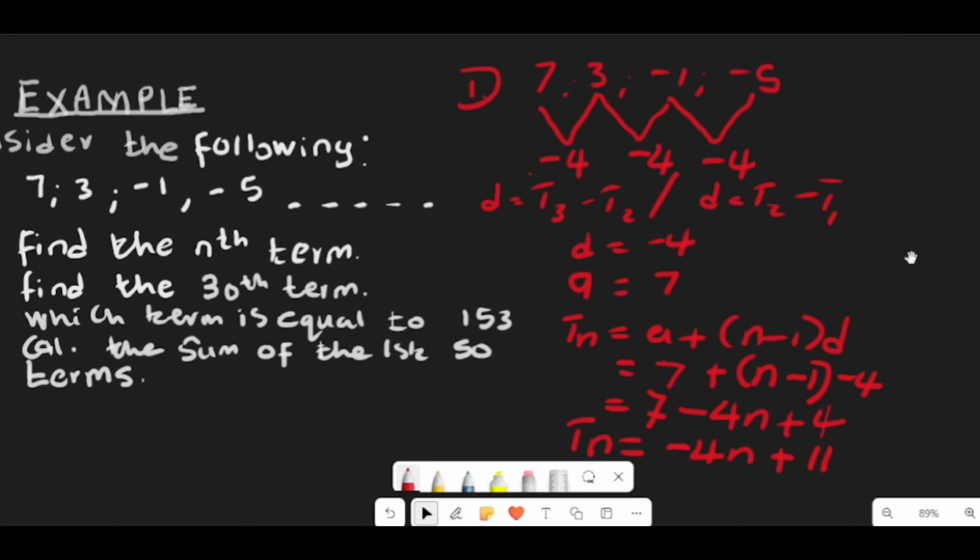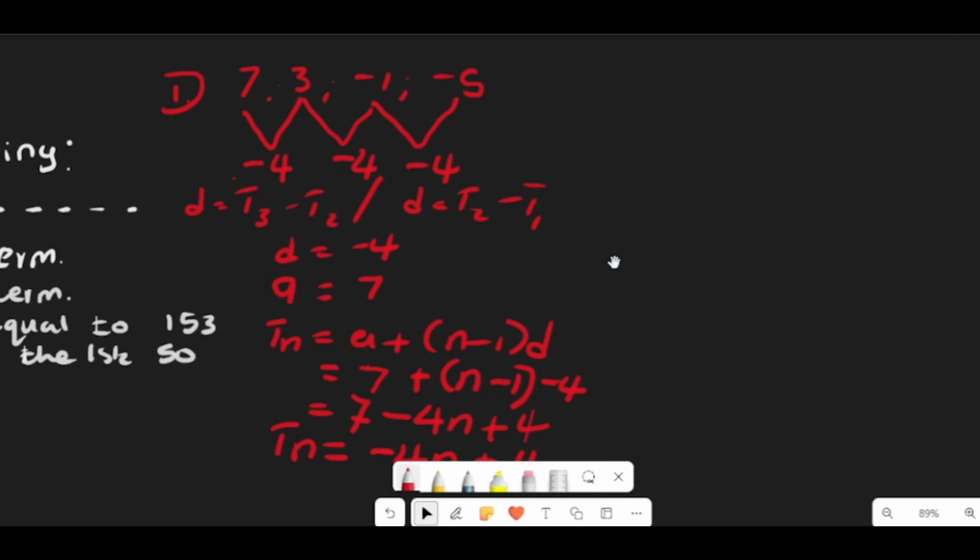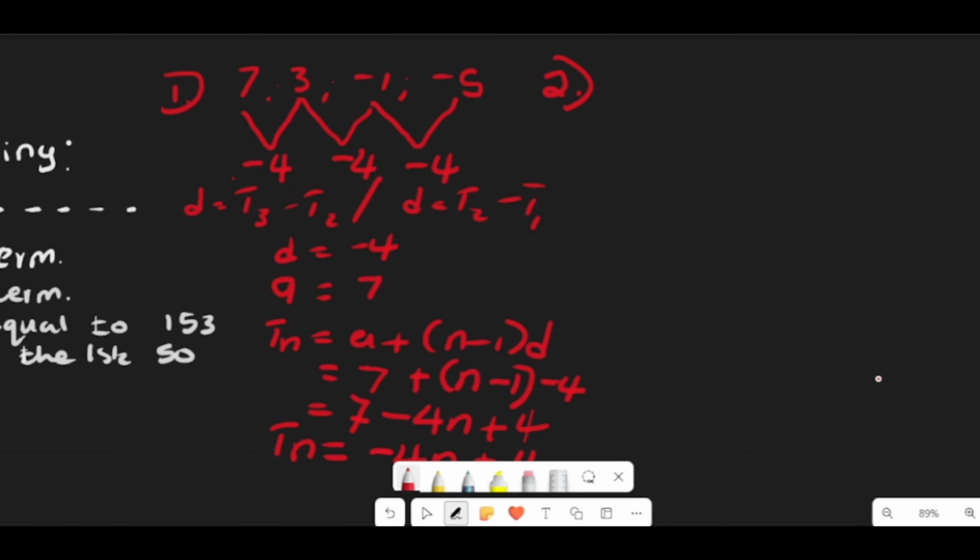Now let's move to the next question: find the 30th term of the sequence. Since we've got the general equation Tn equals minus 4n plus 11, and we need to find the 30th term, our n is going to be equal to 30.